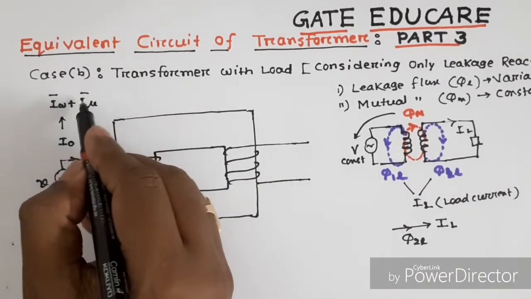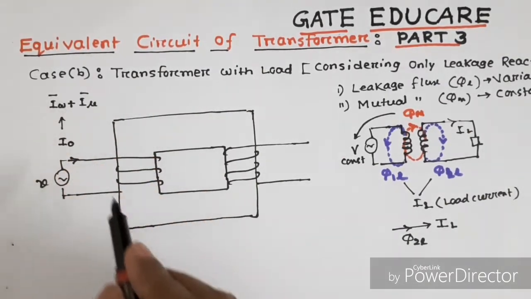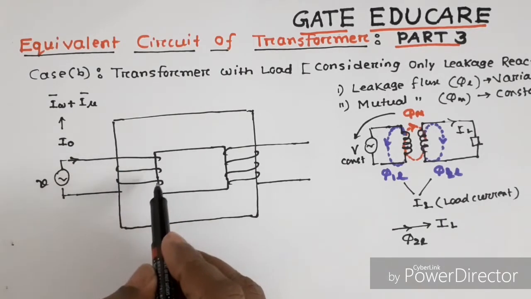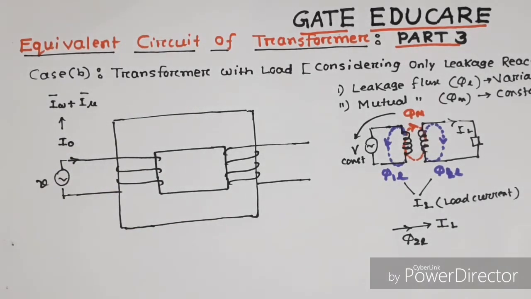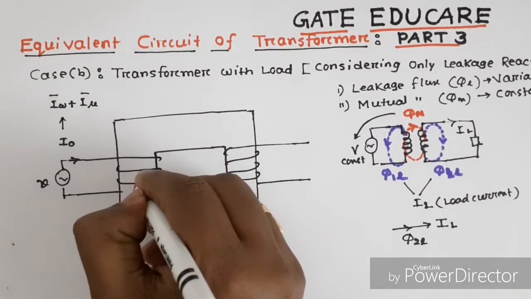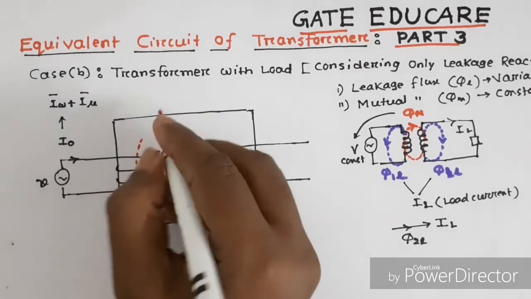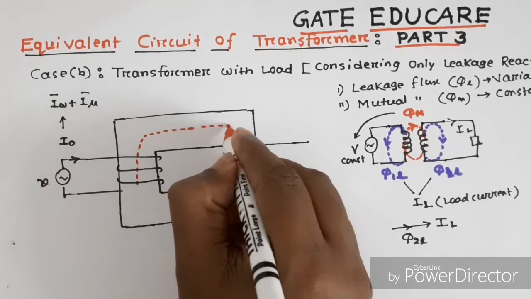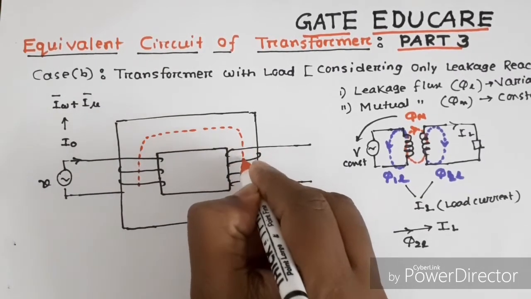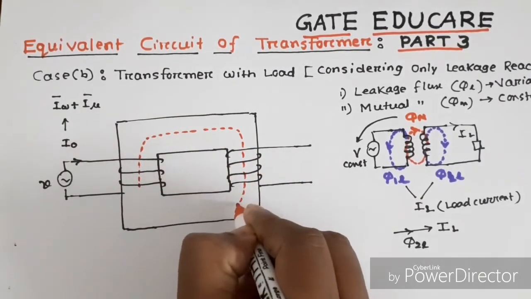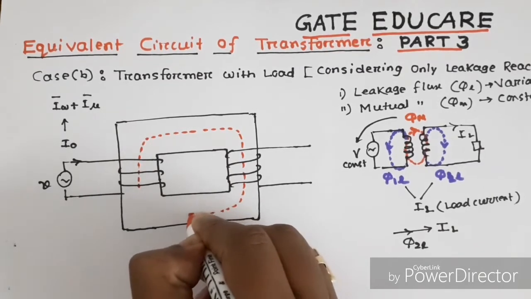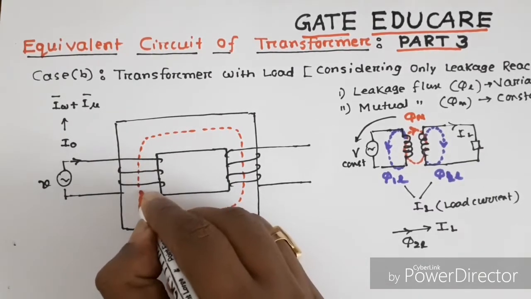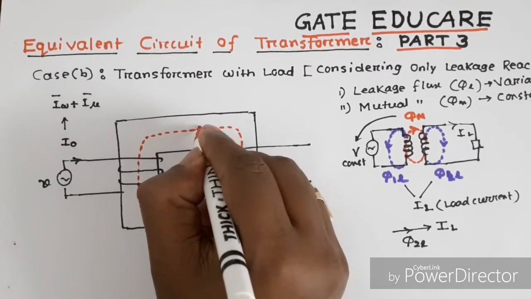Due to this magnetizing current I mu, a flux will be produced in the primary winding, and this flux will pass through the core of the transformer and link with the secondary winding and return back to the primary winding. This flux is phi.